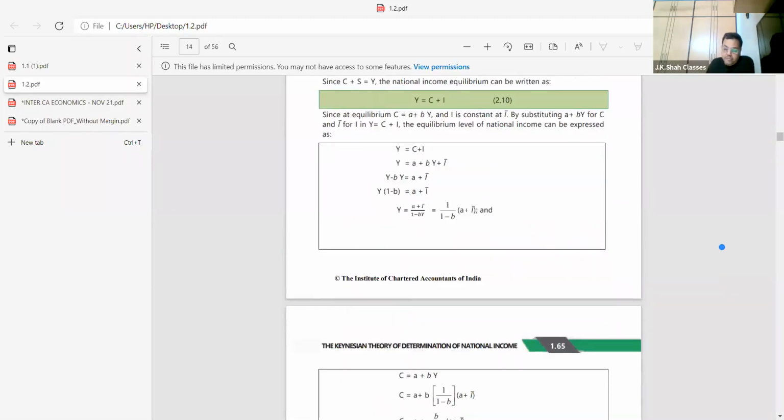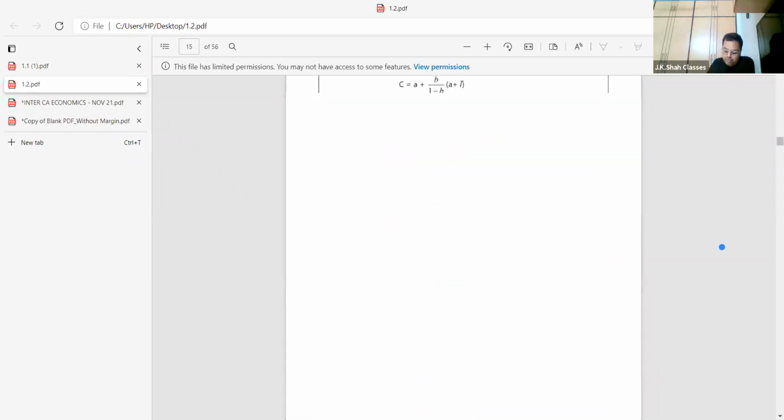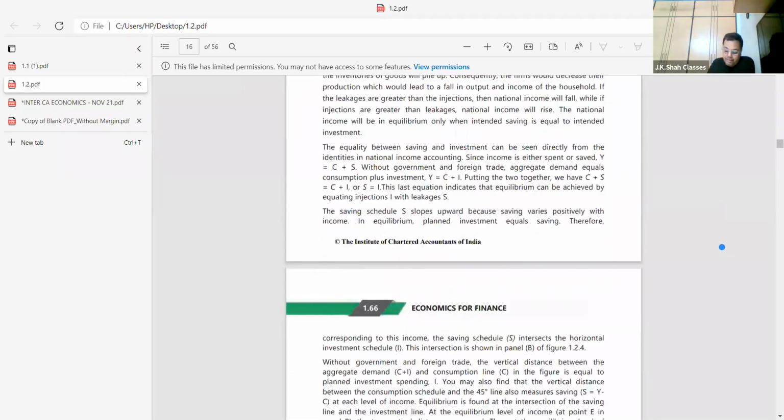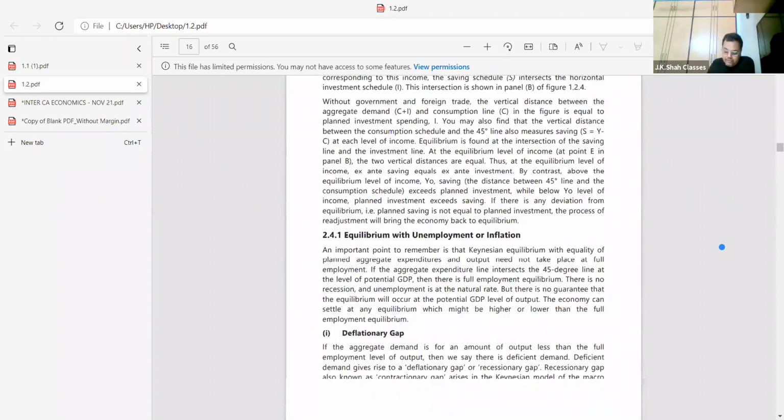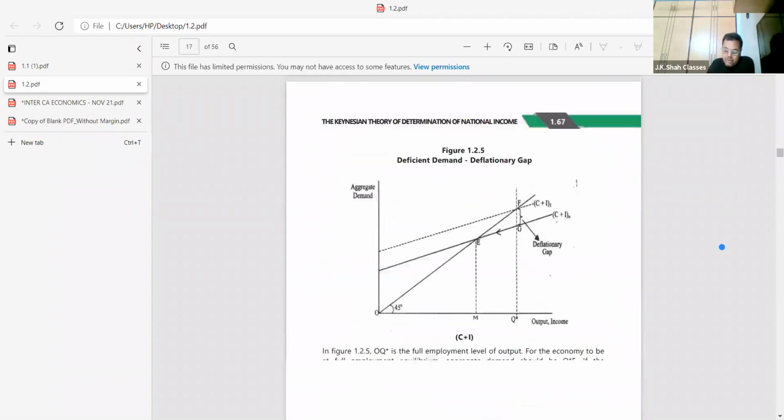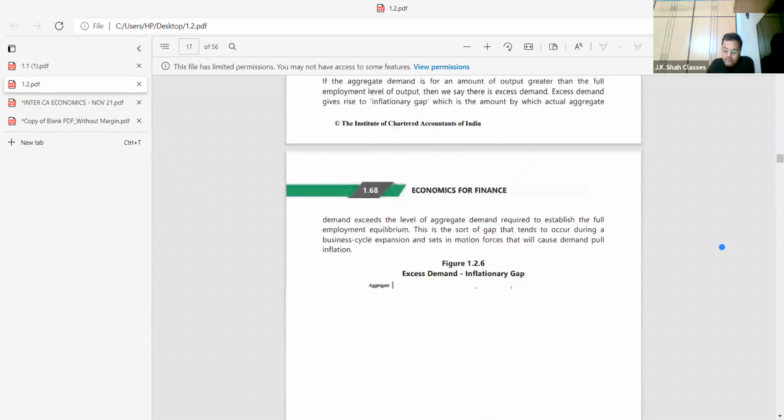Now we all know consumption is A plus BY. What is A plus BY? Autonomous plus induced consumption. What is BY? MPC, marginal propensity to consume. चलो ये अपने को आएगा बेटा, don't worry. We'll come to this illustration first.